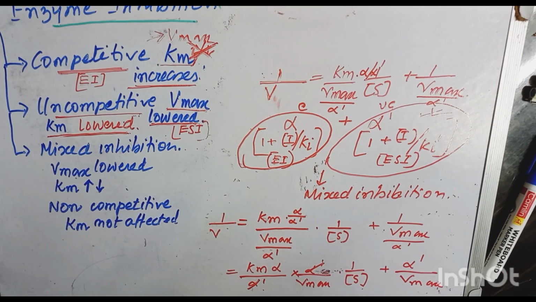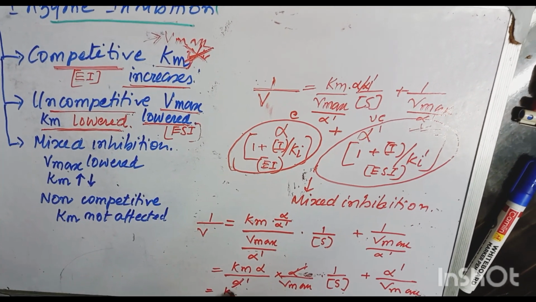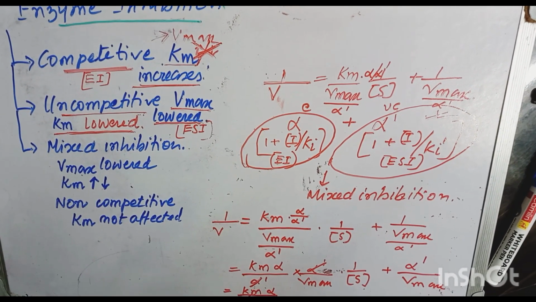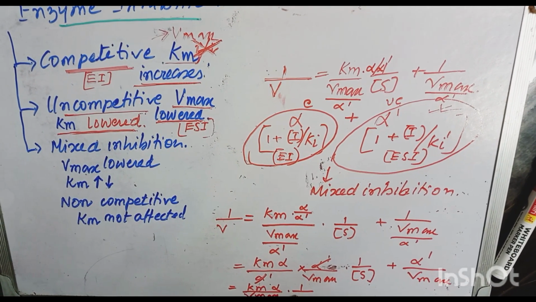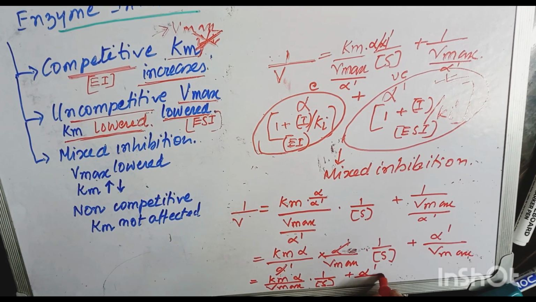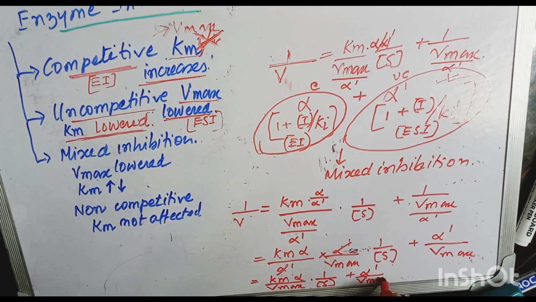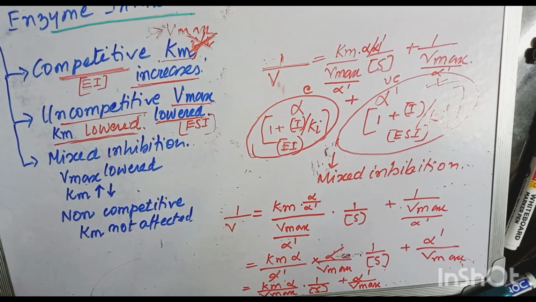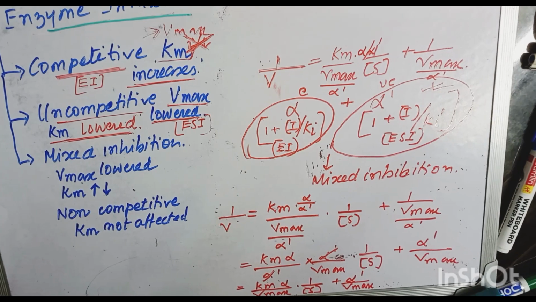Alpha dash cancels out. So what remains? Km alpha by Vmax into 1 by S plus alpha dashed by Vmax. Understood?